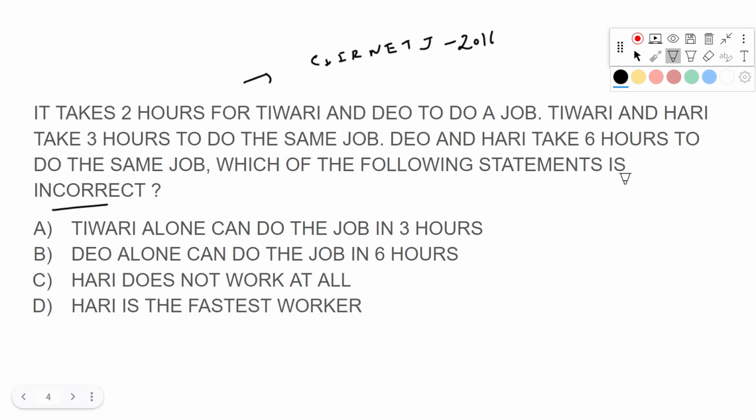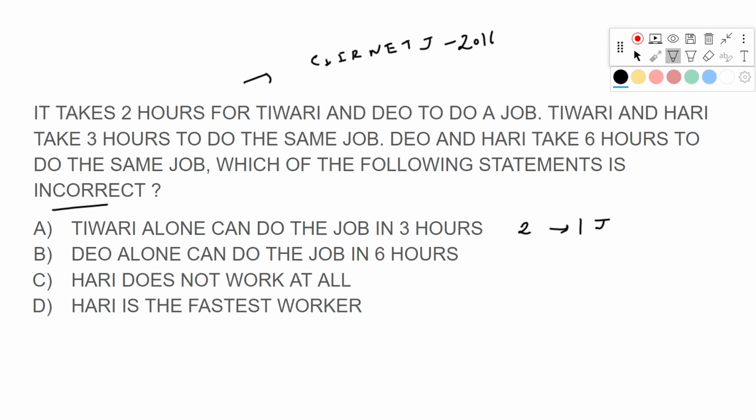See, first of all, in the question, Tiwari and Dio take 2 hours, right? So in 2 hours they both together can do 1 unit of work.